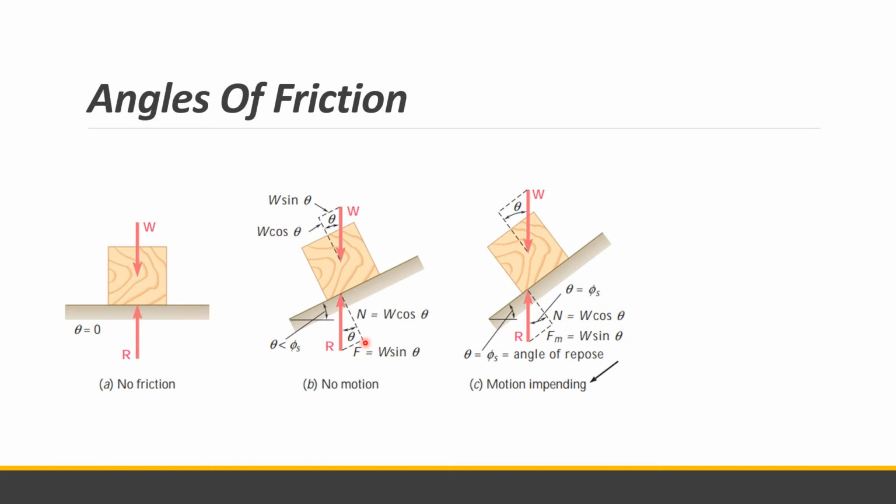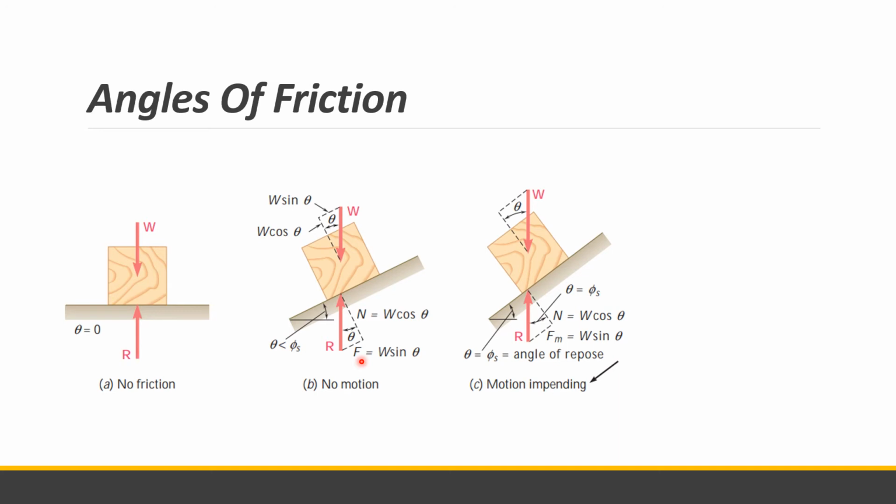So the value of the angle of inclination corresponding to the impending motion is called the angle of repose. So meaning this angle theta is equal to the angle of static friction, and that is called the angle of repose. So meaning, that is the maximum, after which our block will slide.